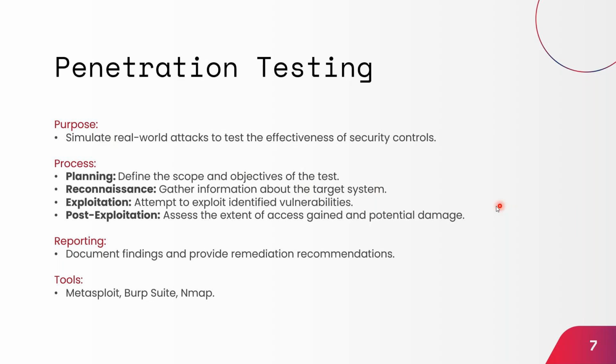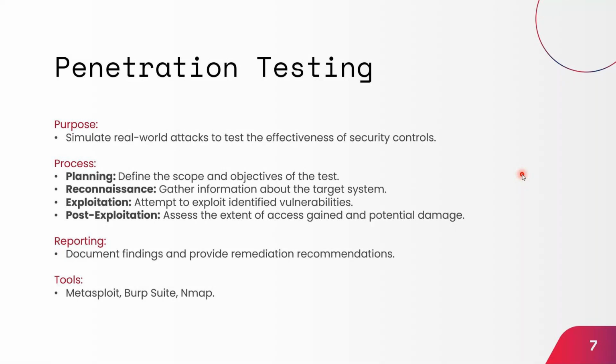Once you're done with all the steps, we will be documenting everything, saying that this is how I was able to break into the system. You need to go and fix it, or create or implement a good security policy so that no one will be able to go in the same way. That's how we help the organizations, guys.